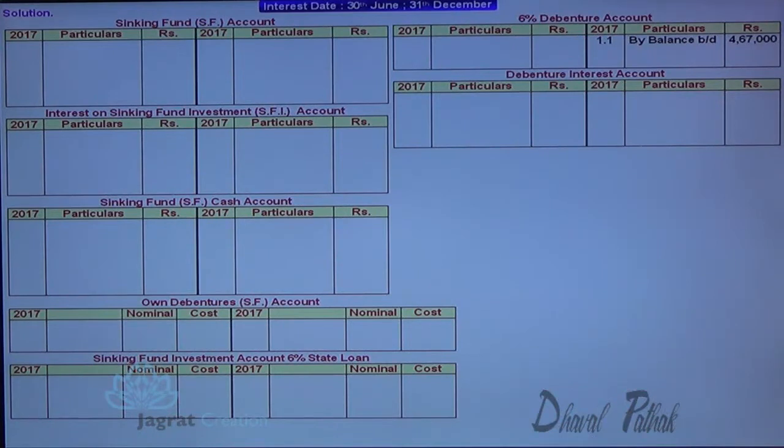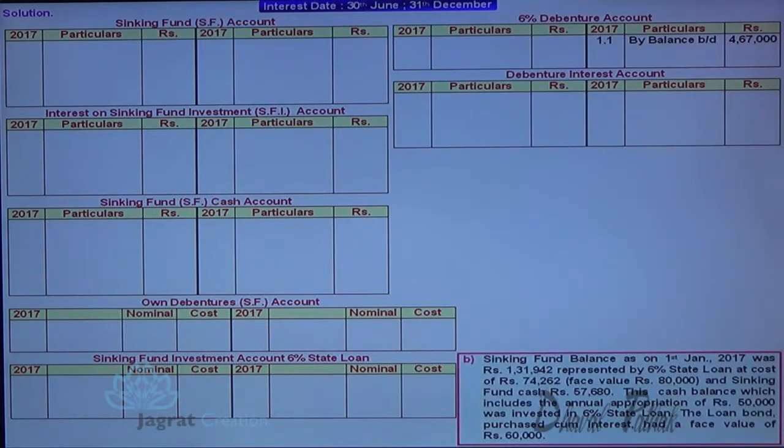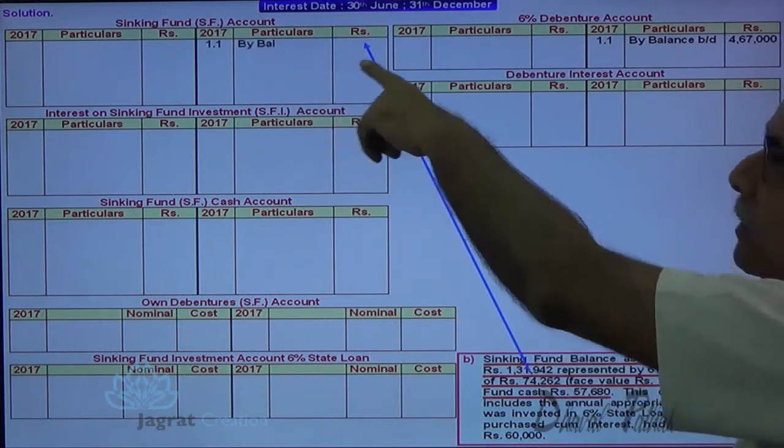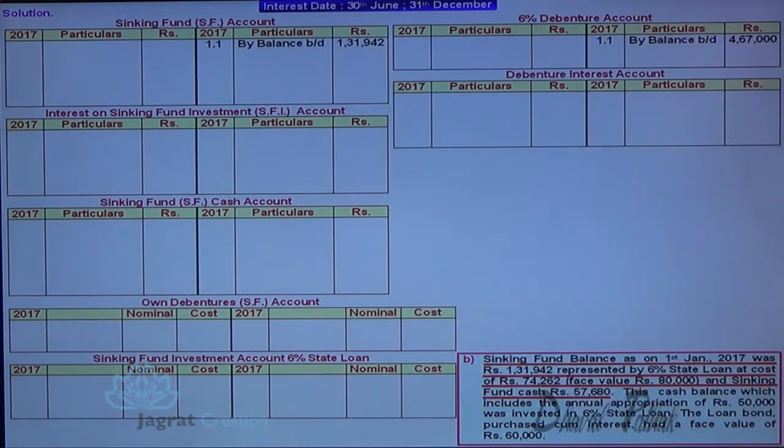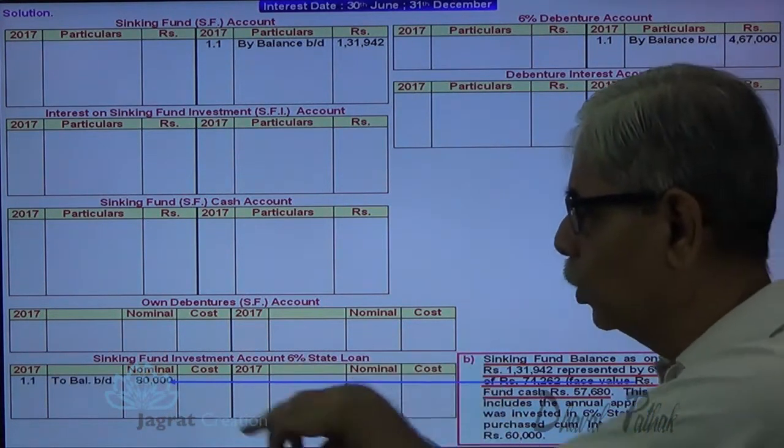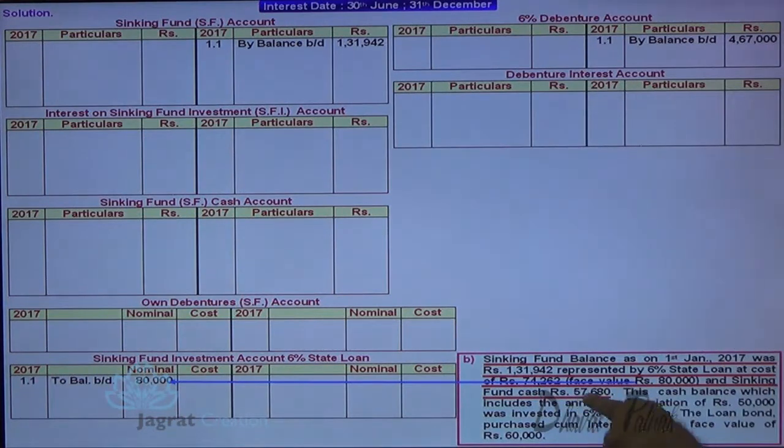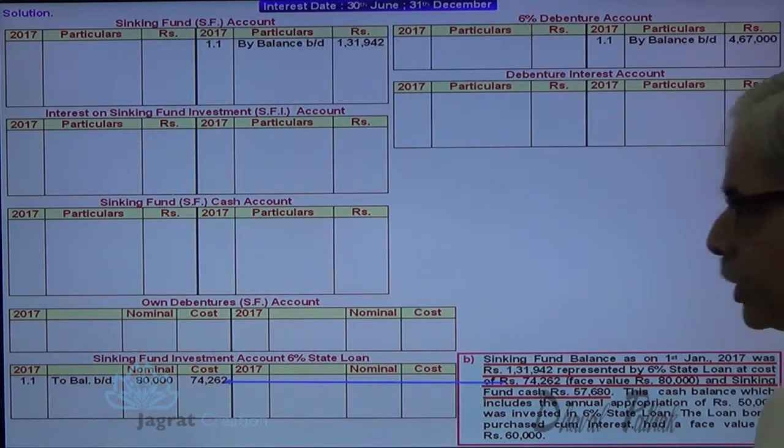Now I'll consider the balances given. Sinking fund balance on 1st of January, 1,31,942, opening balance in sinking fund account. Now it is represented by state loan of 80,000 nominal value. Its purchase price is 74,262.